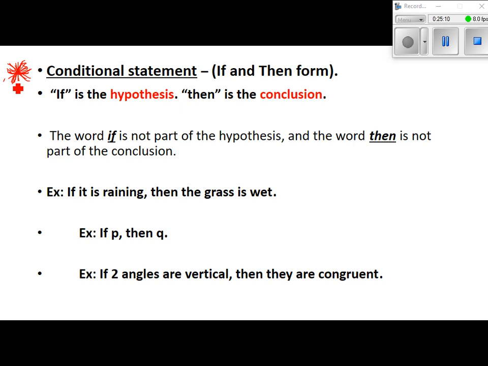But another name for a conditional statement is just an if-then statement. An if-then statement says if and gives you some statement, and you know that part's true. Then it says then, and gives you a second statement, and you have to decide whether it's true or not. The if part is called the hypothesis. You might want to underline that. The then part is called the conclusion. If is the hypothesis, then is the conclusion.